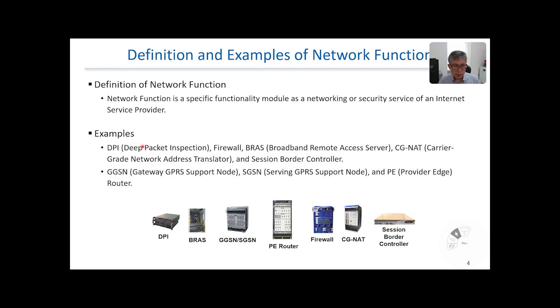The examples include DPI, deep packet inspection, firewall, broadband remote access server, CG-NAT, carrier grade network address translator, and session border controller. Also, the mobile network case: GGSN, gateway GPRS support node, and SGSN, serving GPRS support node, and provider edge router.